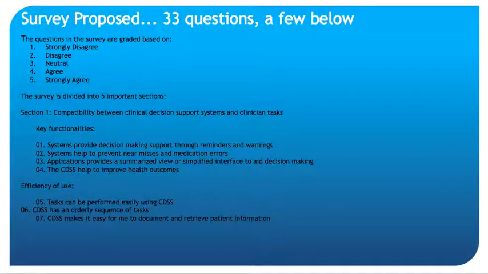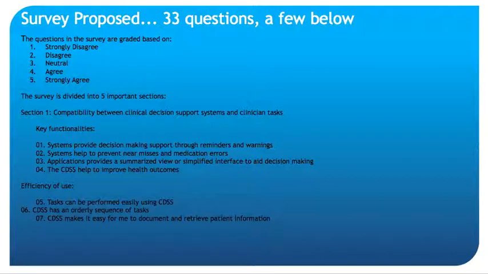So, initially, the goal was for me to obtain IRB approval and have a good number of hospitals in Maryland participate in this survey, but unfortunately, I was unable to get most of the hospitals to give me an approval, especially because of time constraints.